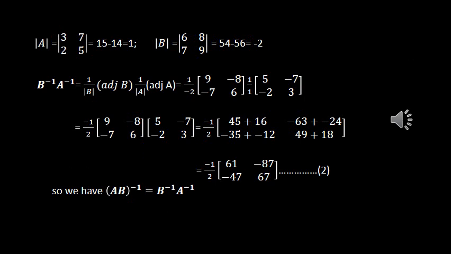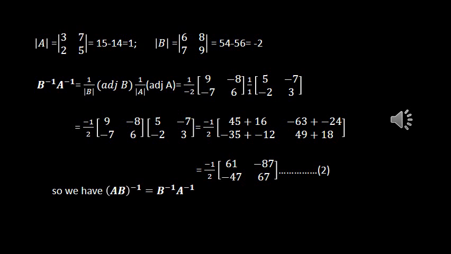Now we want to show that the left hand side is equal to B inverse A inverse. So we need B inverse and A inverse. Anyway, you need the determinant of A, that is 1, and the determinant of B, that is negative 2.